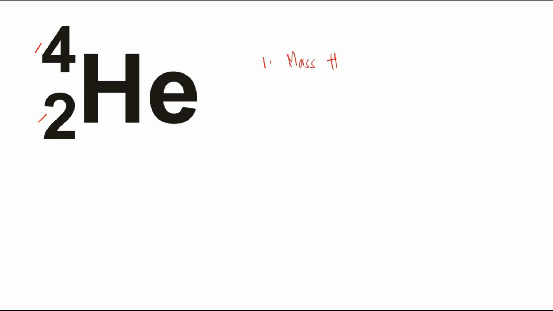Mass number is represented by, again, capital letter A. For you to solve for mass number, you have to add the number of neutrons and the number of protons. You first identify the number of neutrons and protons, then you add them up and you will have the mass number.